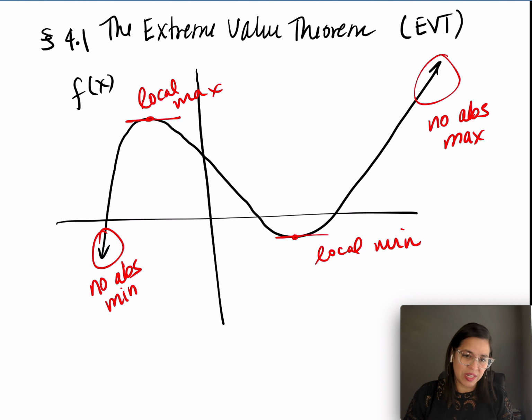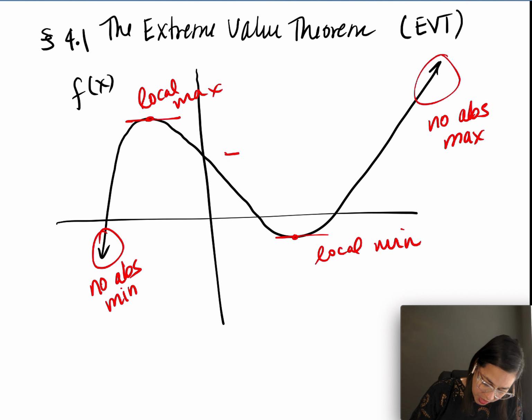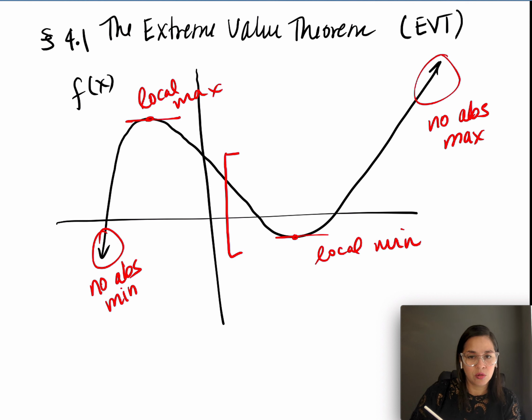Now imagine for a second that instead of taking the whole graph, I restrict the domain, okay? So say, for example, I do this. Instead of taking the whole thing, I go, okay, fine. I will consider my function from here to here.